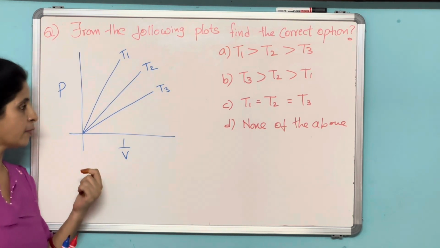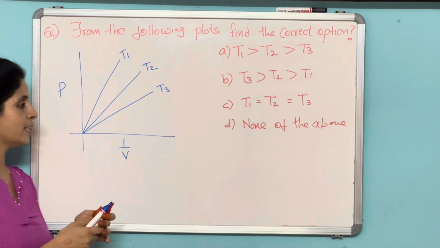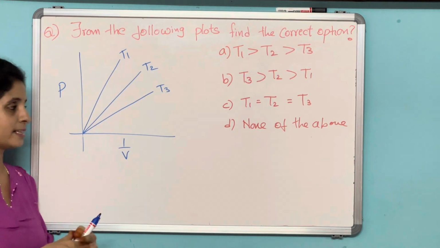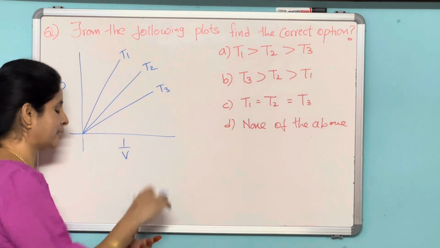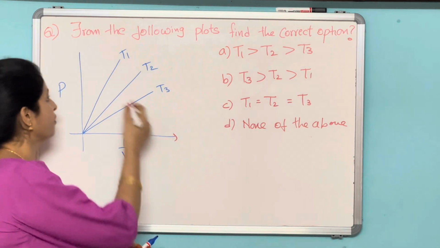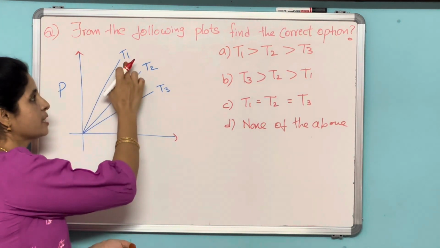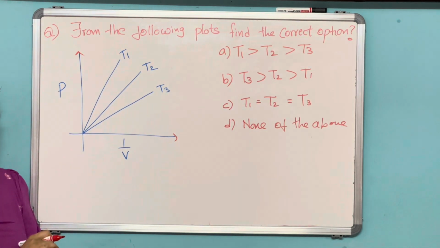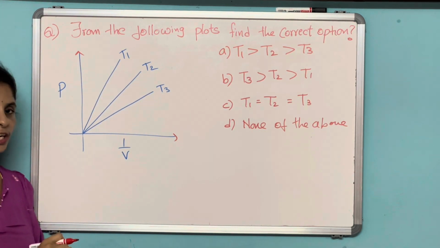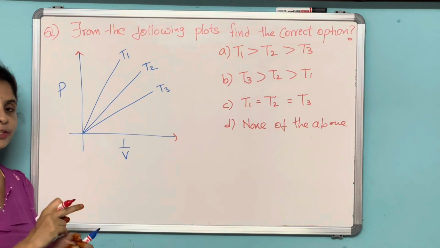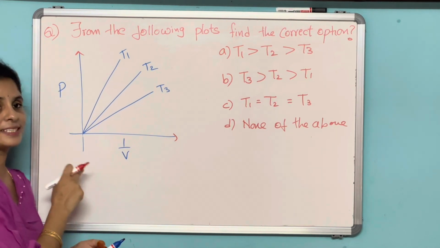First you have to look for what the variables on the x-axis and y-axis are. On the x-axis it is volume and on the y-axis it is pressure. These plots are at a constant temperature. Now you have to recollect what law this is.